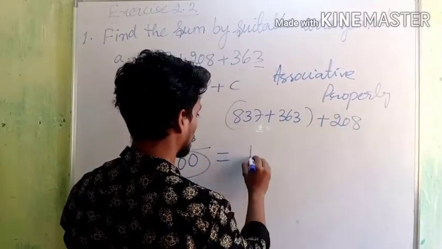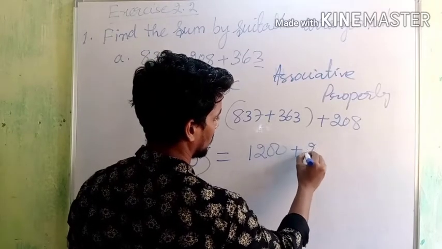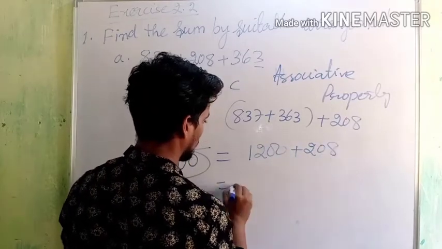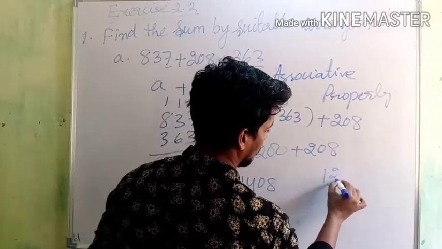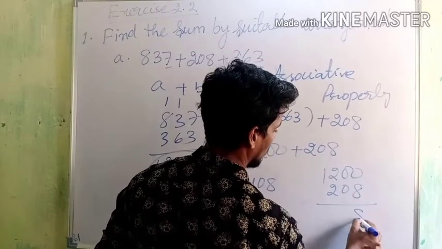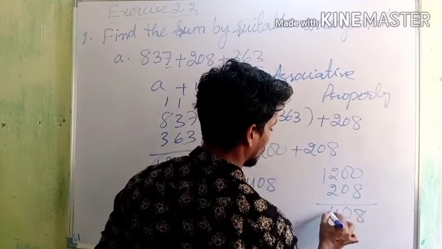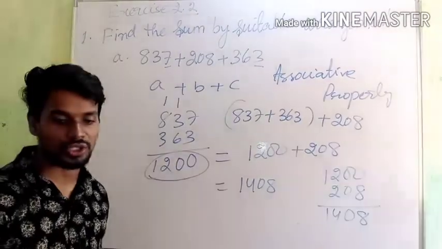Now what is the answer I'm getting? 1200. When I add this 1200 with 208, what is the answer? 1408. How? 1200 plus 208: 8 plus 0 is 8, 0, 2 plus 2 is 4, and 1. So by using the associative property, I have solved this question.